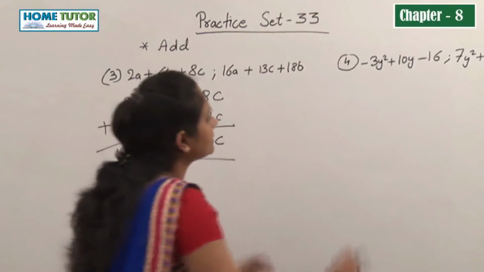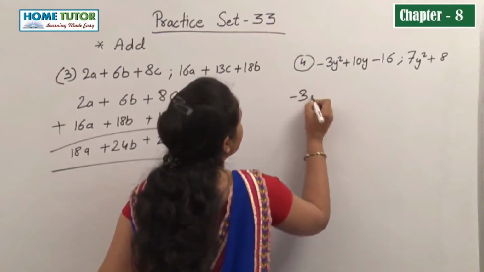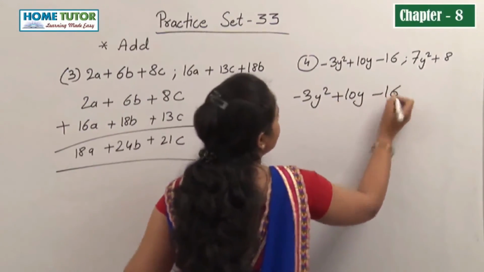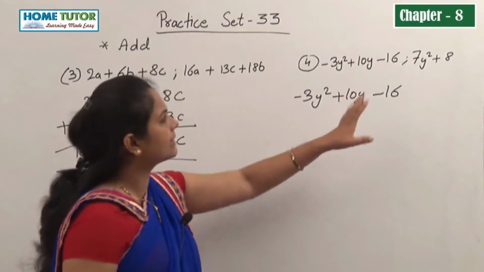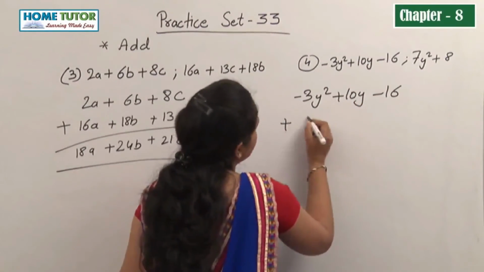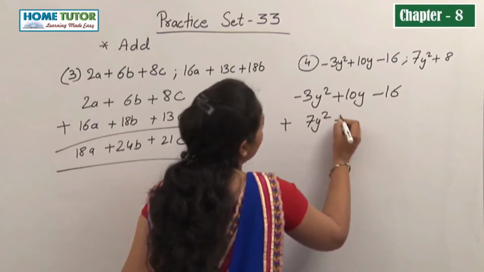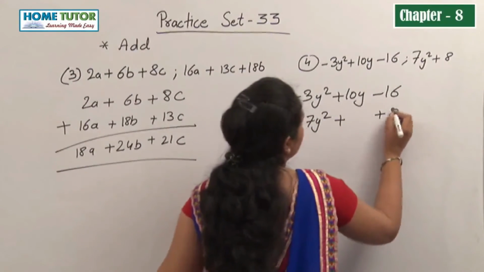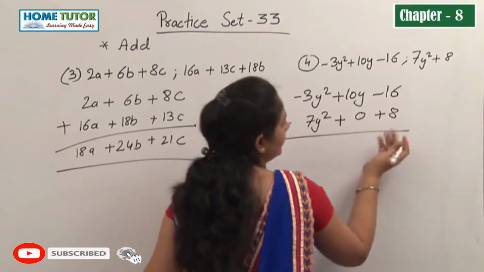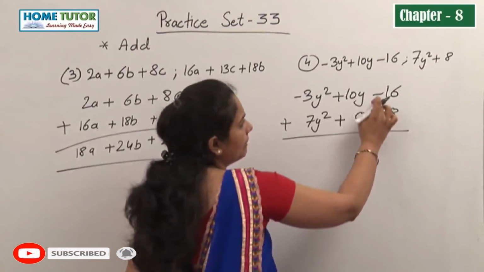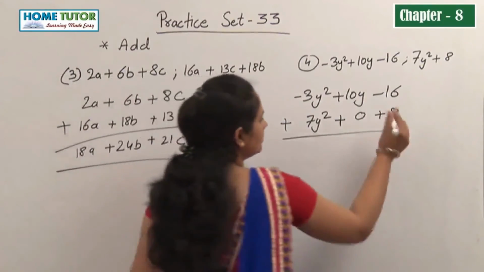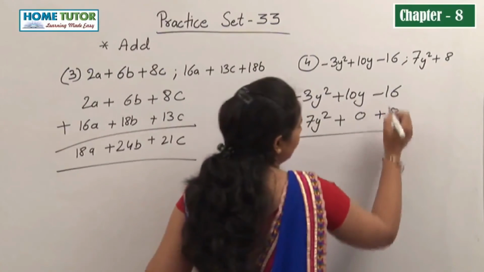Now next is minus 3y square plus 10y minus 16, and we have to add this with 7y square plus 8. Now we'll add this. Here we don't have any term, so we'll write 0 or we can keep it blank. Now minus 16 plus 8, minus plus is minus, so we'll subtract and take the sign of the bigger number.